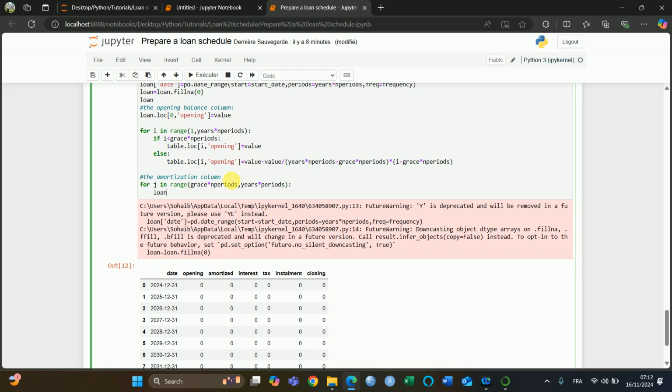So this is loan.loc[g, amortized] equals value divided by years multiplied by n periods minus grace multiplied by n periods.